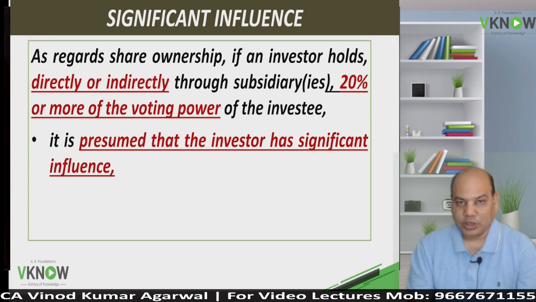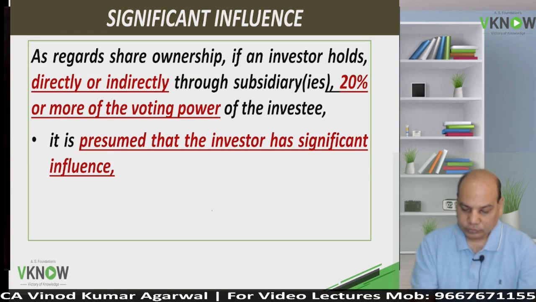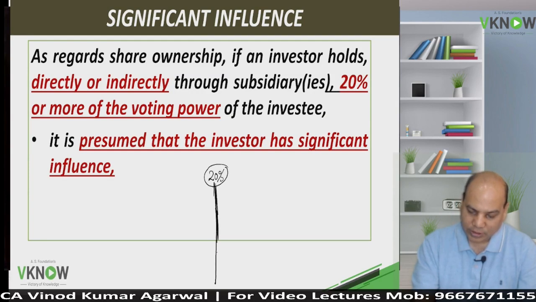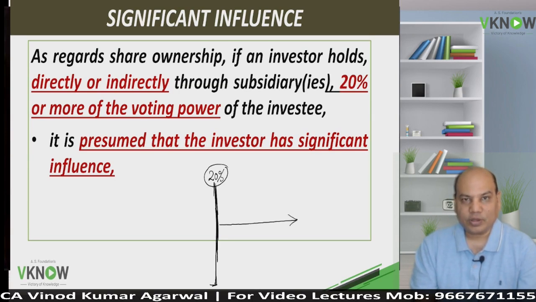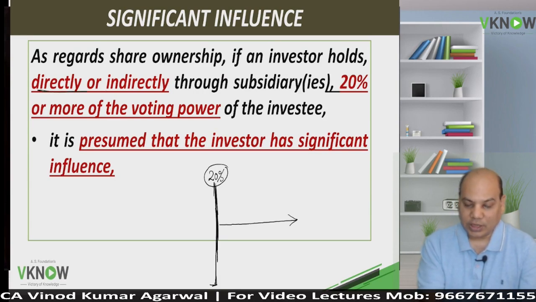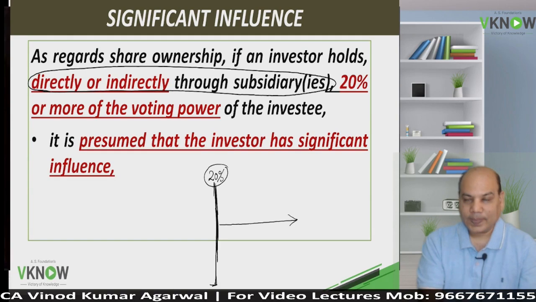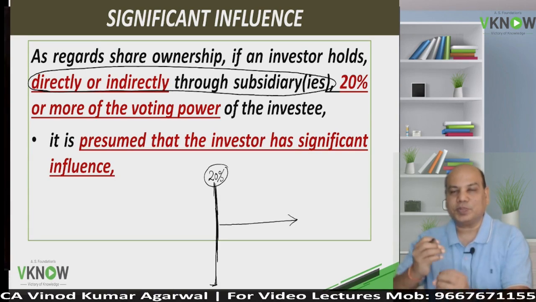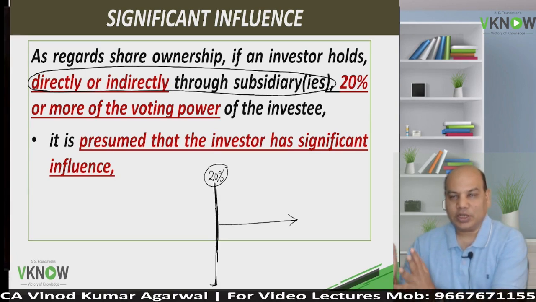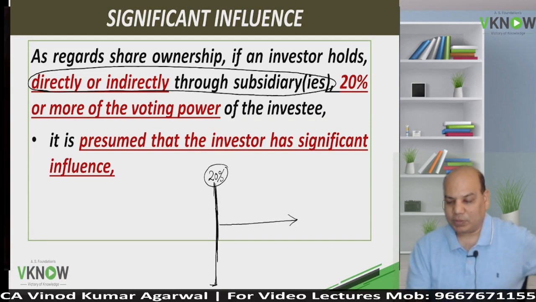Now there are two important points. This is the 20% borderline. If you are holding 20% or more share of another company, directly or indirectly through subsidiaries, either you are owning directly or you plus your subsidiary are holding 20% or more share in the voting power.